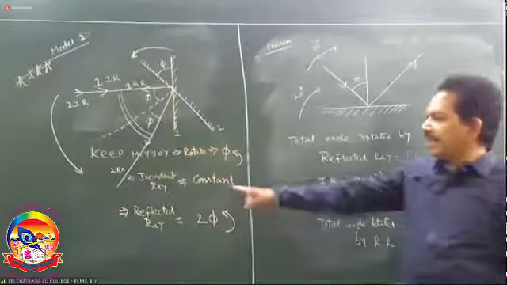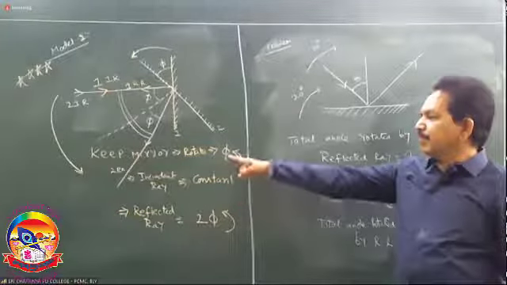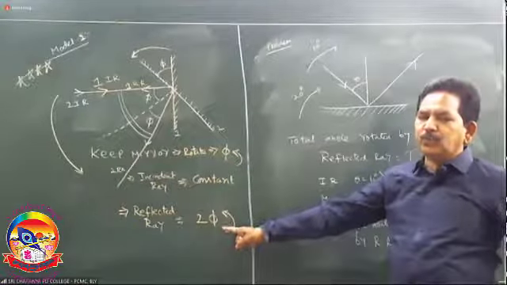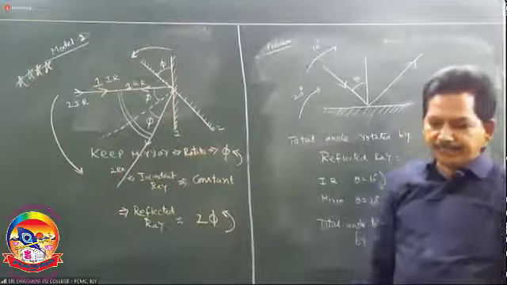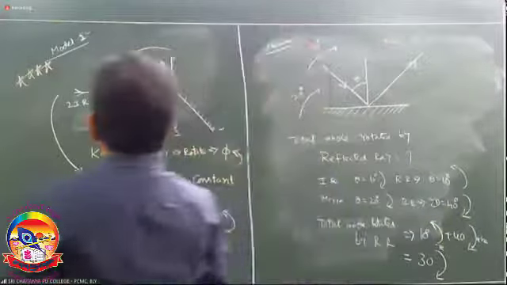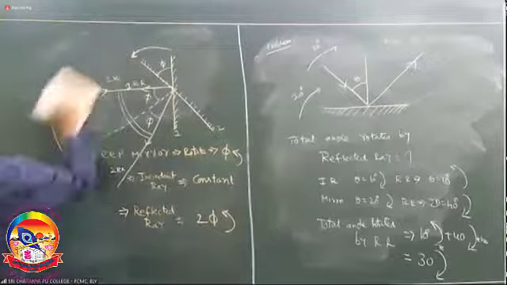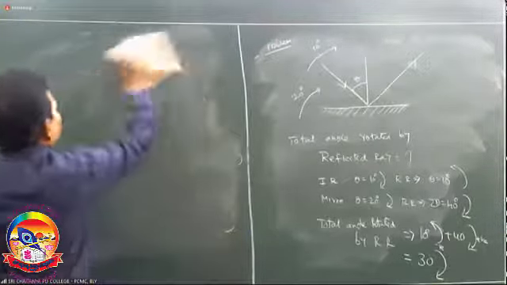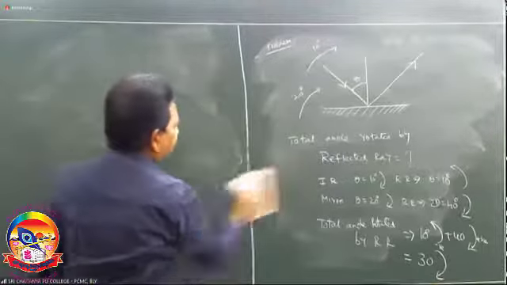If the incident ray is constant and the mirror rotates by 5, then the reflected ray rotates by 2 into 5. Remember the result. Now, next concept.